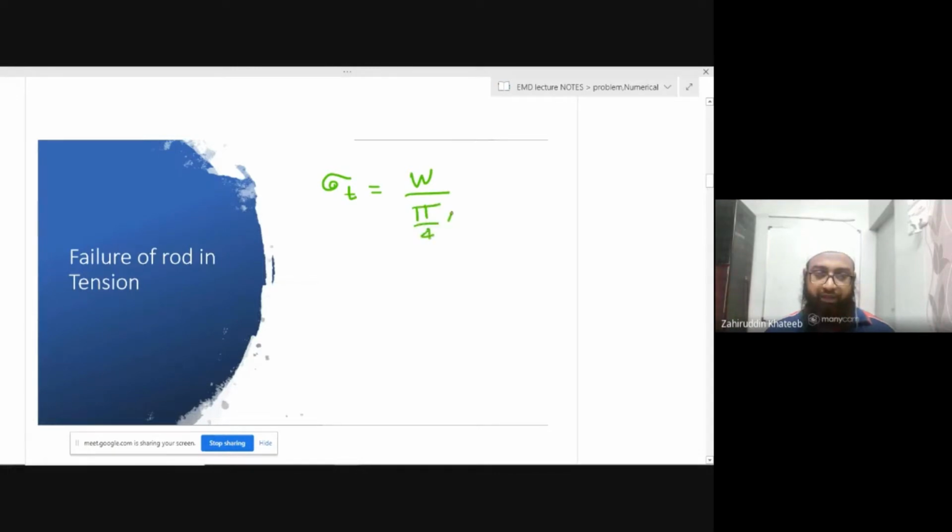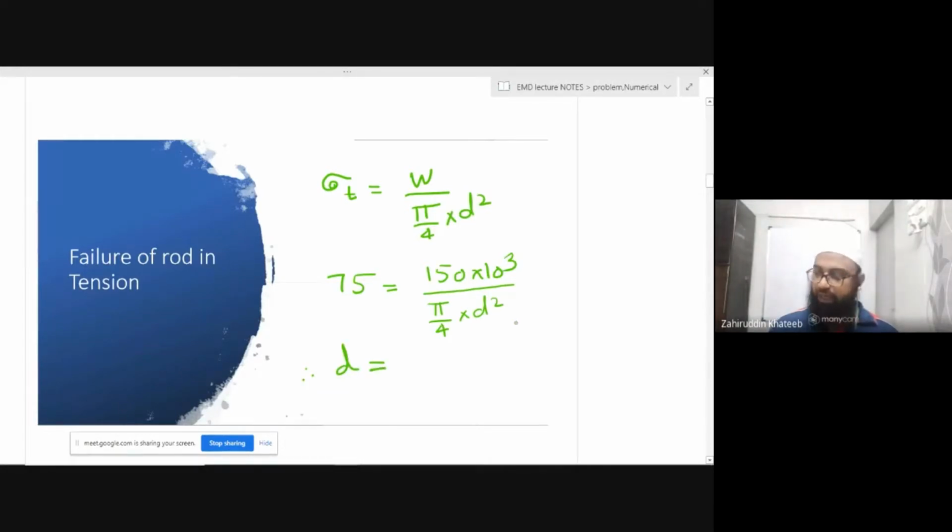We know sigma t is 75, and W is 150 into 10 raised to 3, divided by pi by 4 into d square. So from here we will get the value of d.